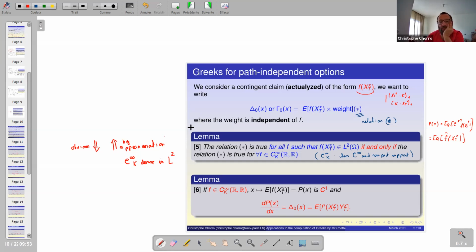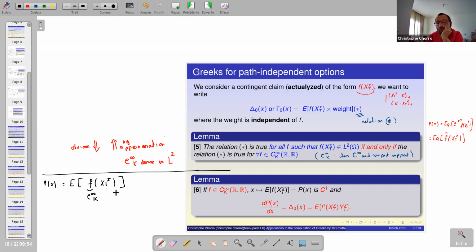So what is the interest of working with small f of class C infinity with compact support? It is very interesting because, if I consider the price function P of x, that is the expectation of this one up to the actualization factor, and this one is of class C infinity with compact support, I will be able to use a Lebesgue type theorem in order to study the dependence on small x of this quantity here.